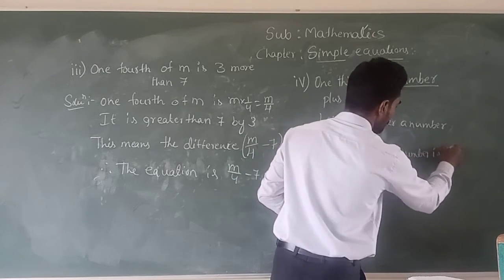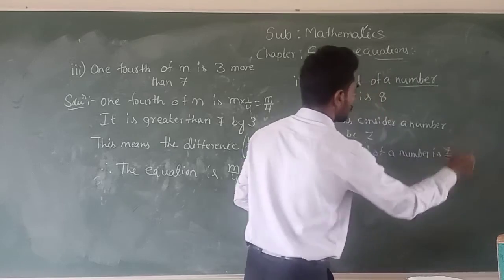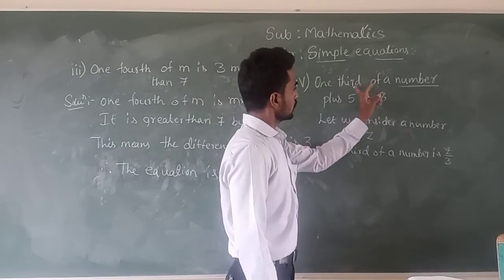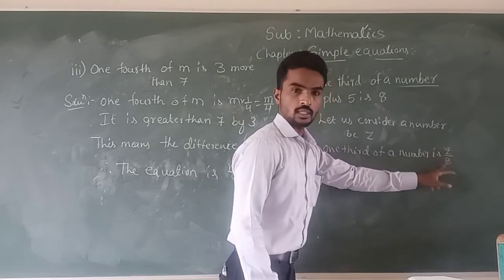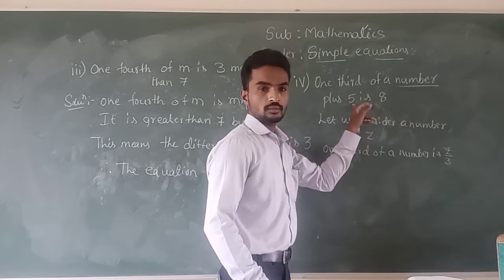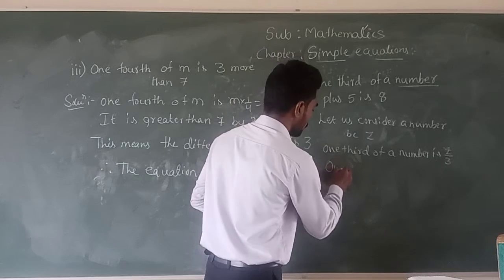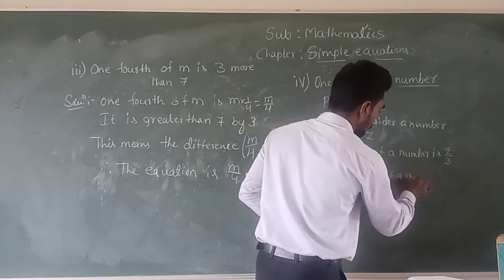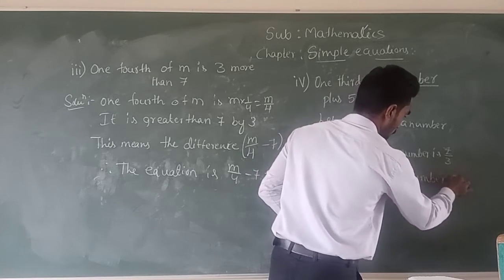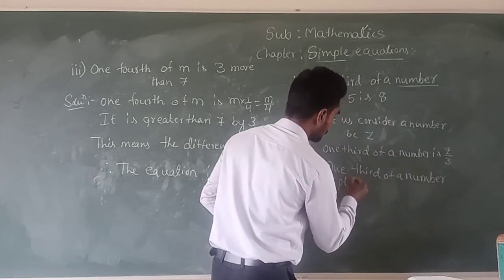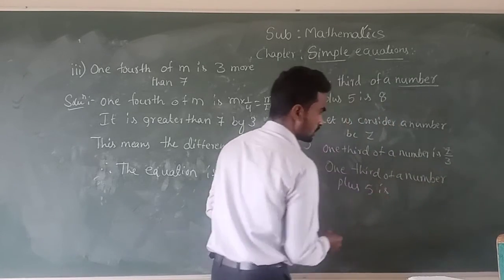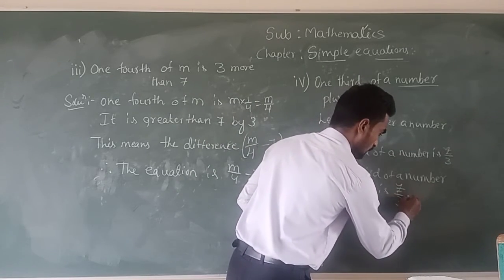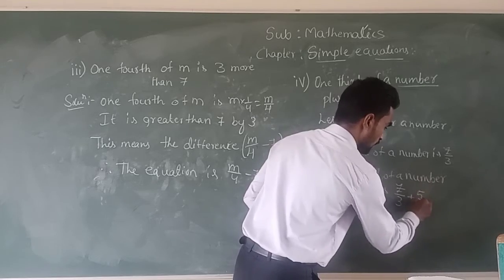And what are they given? 1/3 of a number plus 5 means z/3 plus 5.